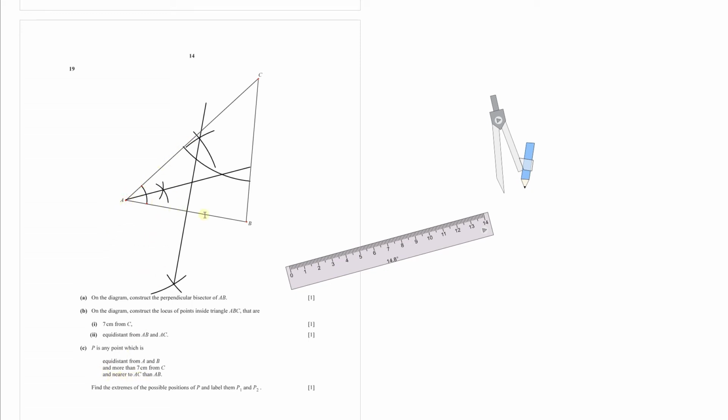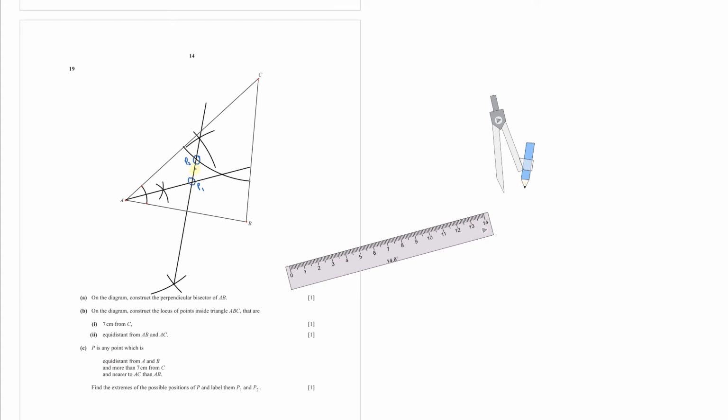AC than to AB. So your extreme positions for your point P would be, let me mark them here. So this would be your point, let me call this one P1, and this is your extreme position P2. So just below this line, this intersection is the extreme and this intersection is the extreme.